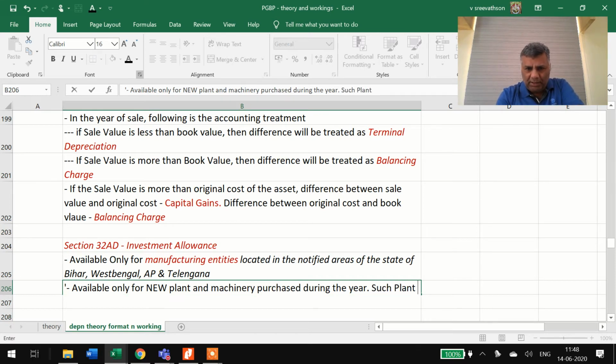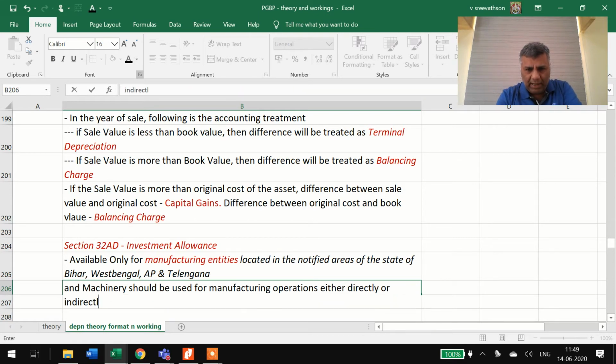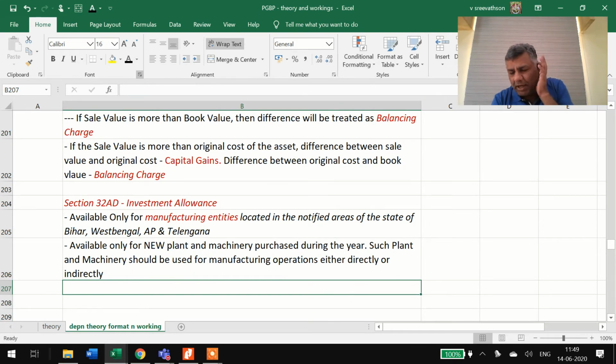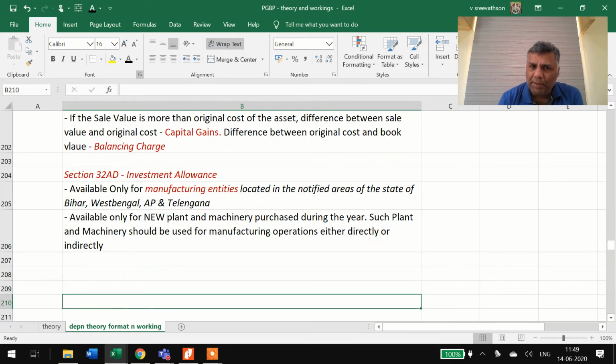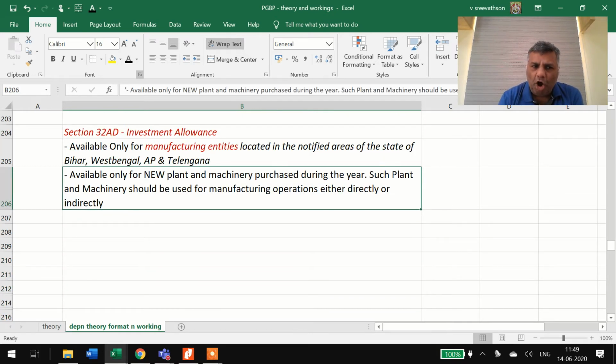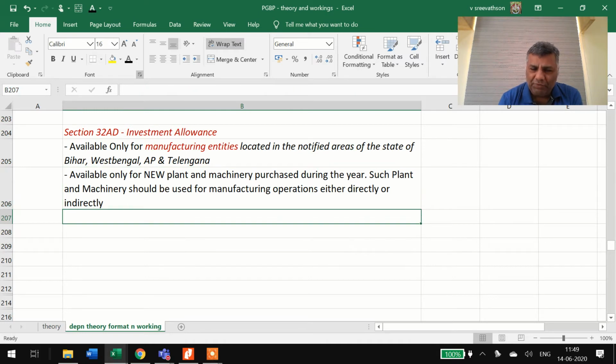Such plant and machinery should be used for manufacturing operations, either directly or indirectly.